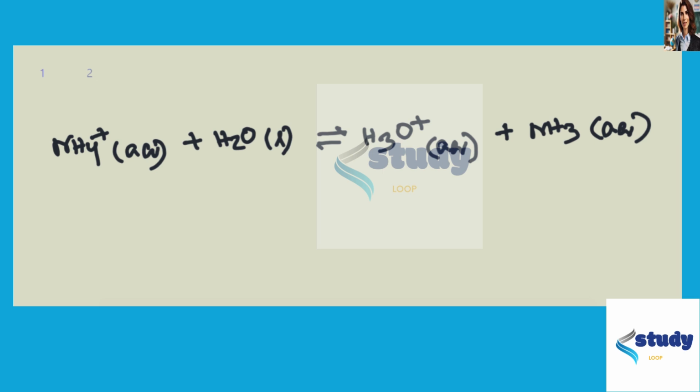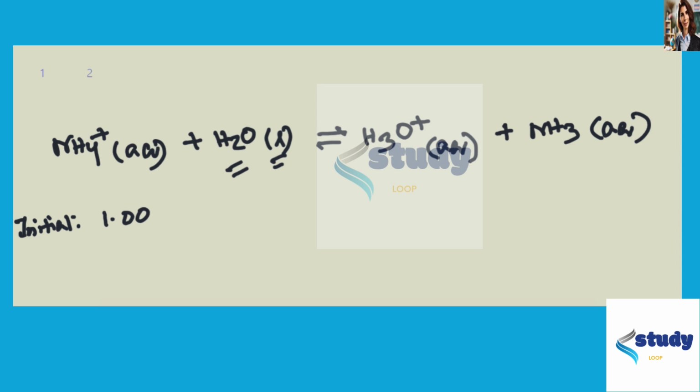If we set up an ice table for this, the initial concentration of NH4+ is 1, because from 1 molar ammonium chloride we get 1 molar NH4+. We don't need to consider H2O since it's a liquid and has no effect in the equilibrium constant expression.